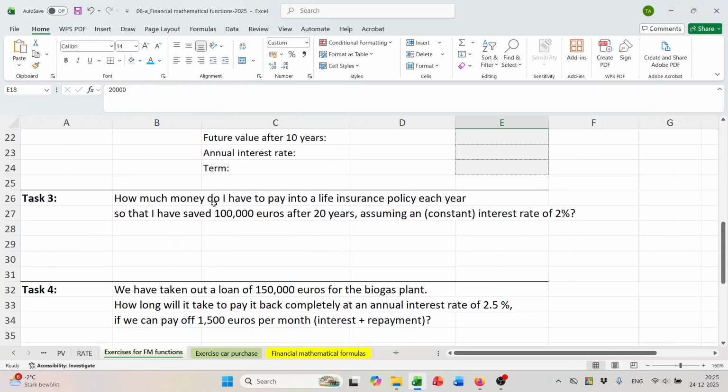Task 3: how much money do I have to pay into a life insurance policy each year so that I have saved 100,000 euros after 20 years, assuming a constant interest rate of 2%? Here the yearly payment, a yearly constant payment, is asked, so we have to calculate the PMT.